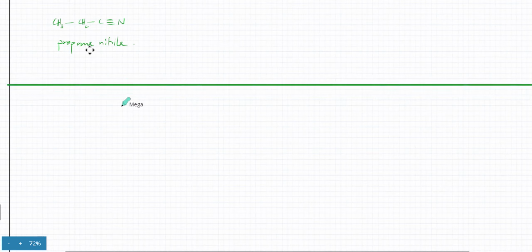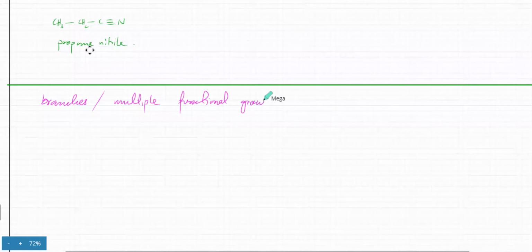Anyways, the next thing is what happens when you have branches and when you have multiple functional groups. So far we had just studied one functional group in a molecule.